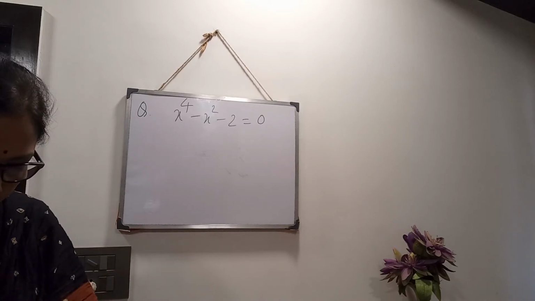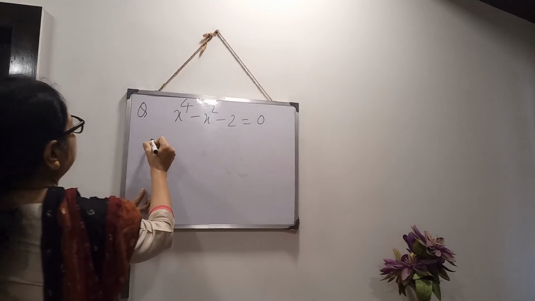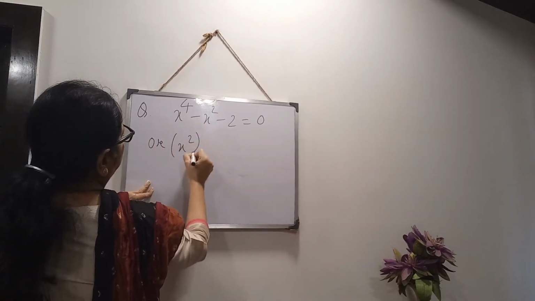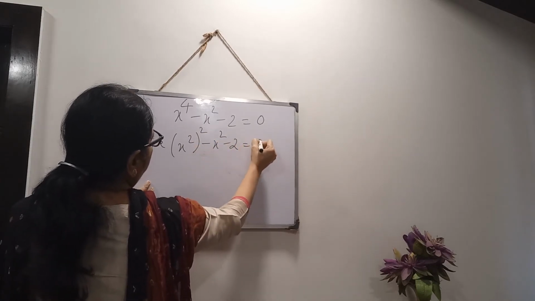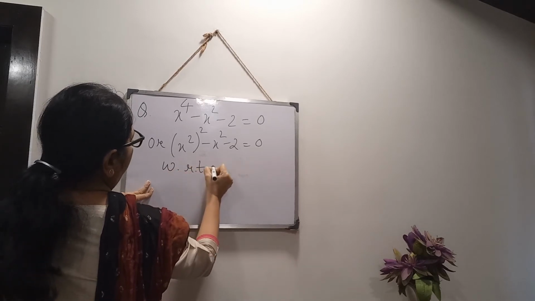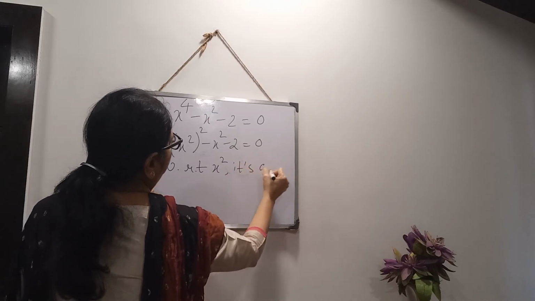We have to say with respect to which variable the equation is a quadratic equation. So here one more step I am writing: x to the power 4 means x square whole square, minus x square minus 2 equals to 0. So your answer will be: with respect to x square it is a quadratic equation.